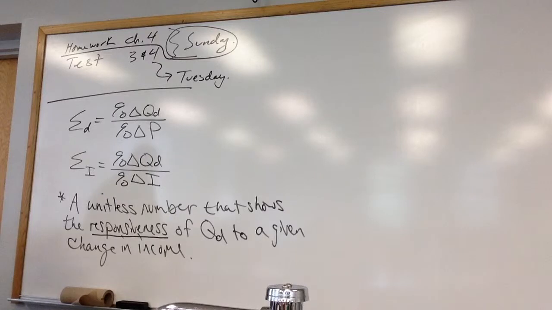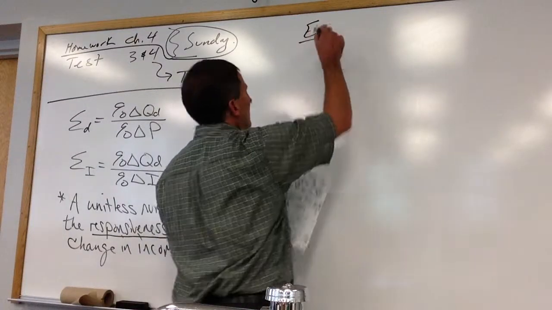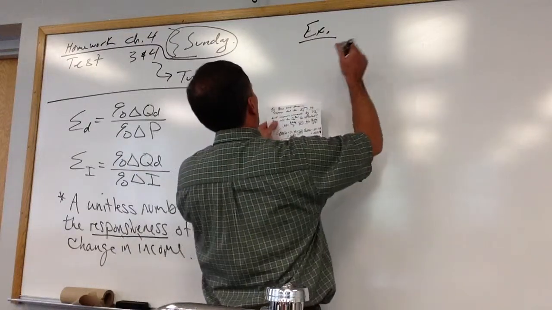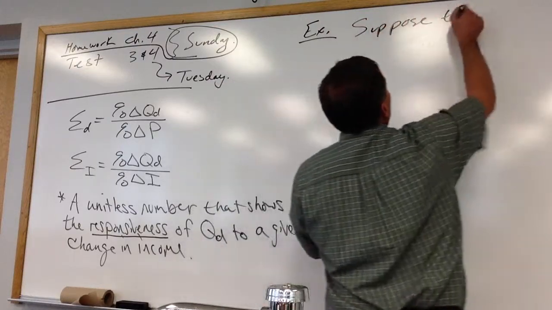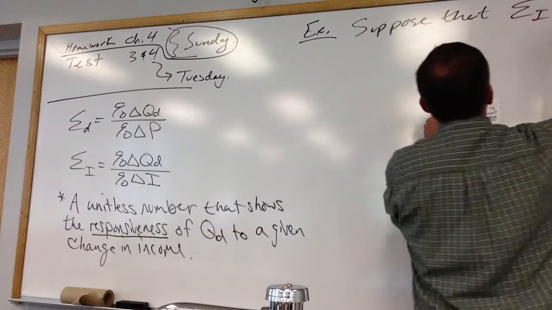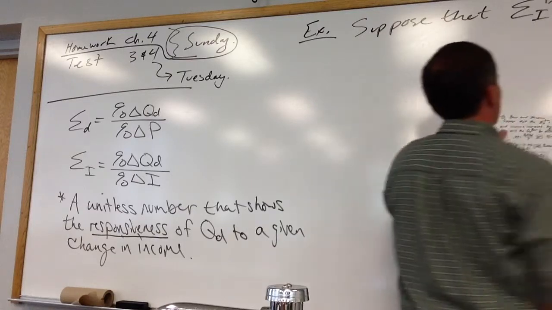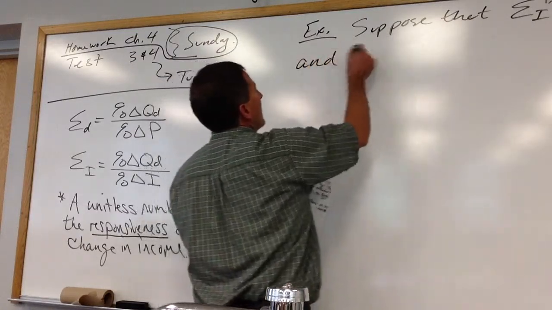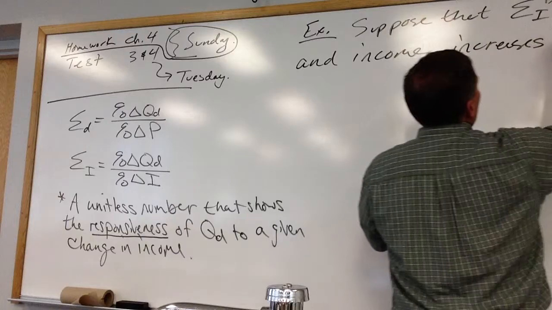Okay, so let's do a little example. Let's suppose that the income elasticity for beer is 0.93 and income increases by 7%.